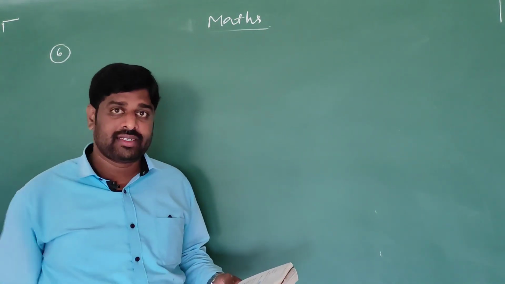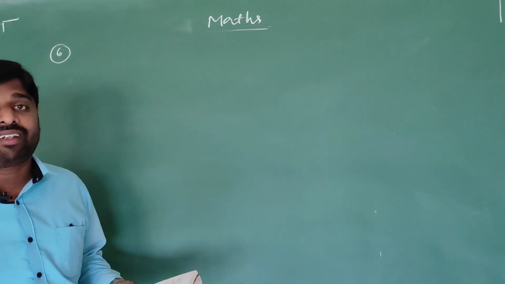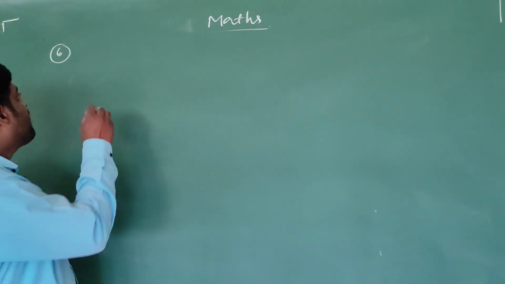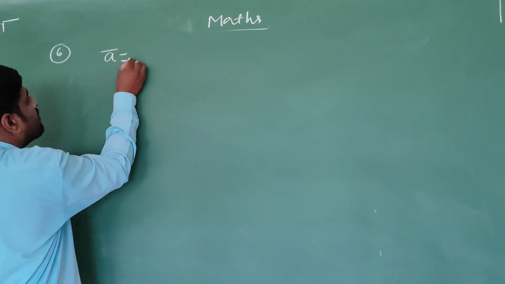What is question number 6? Find the sum of the vectors. Here 3 vectors are given, and we have to find the sum.